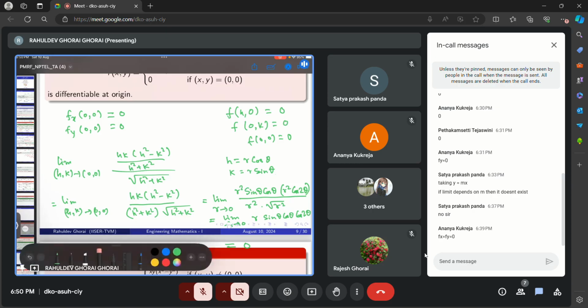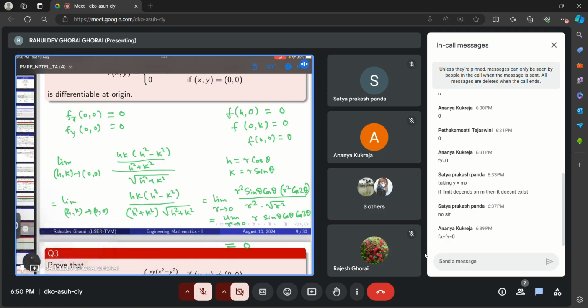Limit as r tends to 0 of r sin theta cos theta cos 2 theta is 0, because whatever theta you take, independent of theta, r is there. This quantity is bounded, and when r tends to 0 it gives you 0. So the limit exists and is equal to 0.